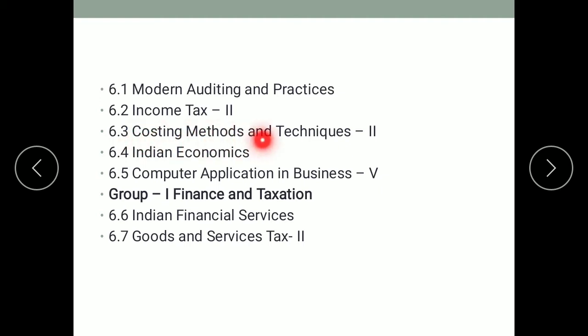In costing methods and techniques, we will be talking about different types of costing, like process costing and operating costing. You have contract costing, how we find out the cost for different types of services.